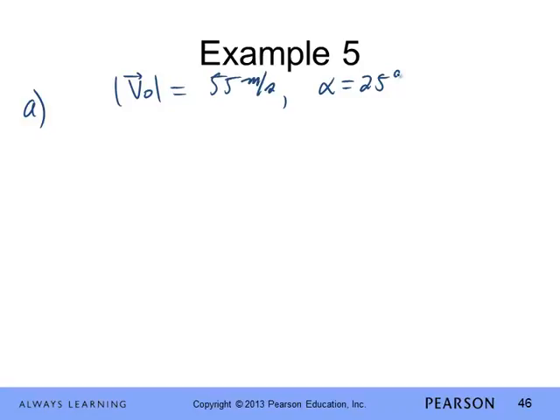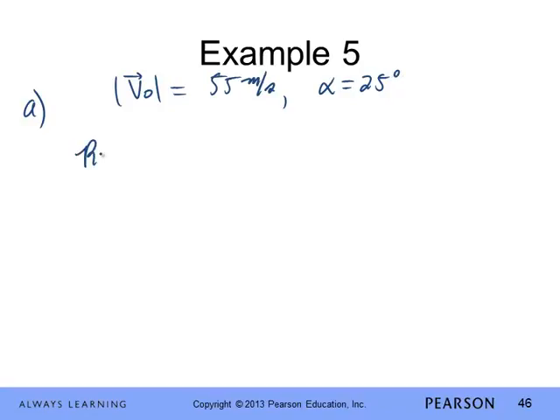The tee height is negligible. Only assume it's gravity that's working on the ball, no other forces, no wind or anything. So for part A, how far does the ball travel horizontally?